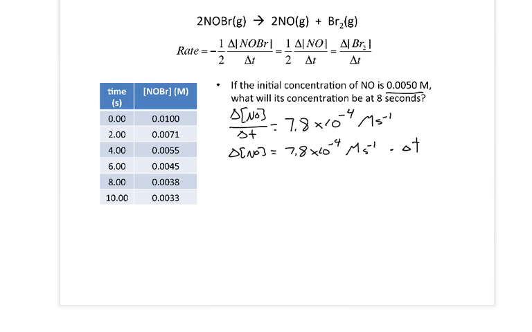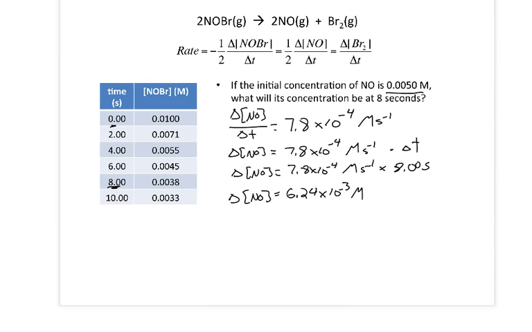And the change in time is 8 seconds minus 0 seconds, so it's going to be 8 seconds. So the change in concentration of NO is 7.8 times 10 to the minus 4 times 8 seconds. So the change in concentration is 6.24 times 10 to the minus 3 molar, right? Because the seconds to the minus 1 cancels with the seconds.